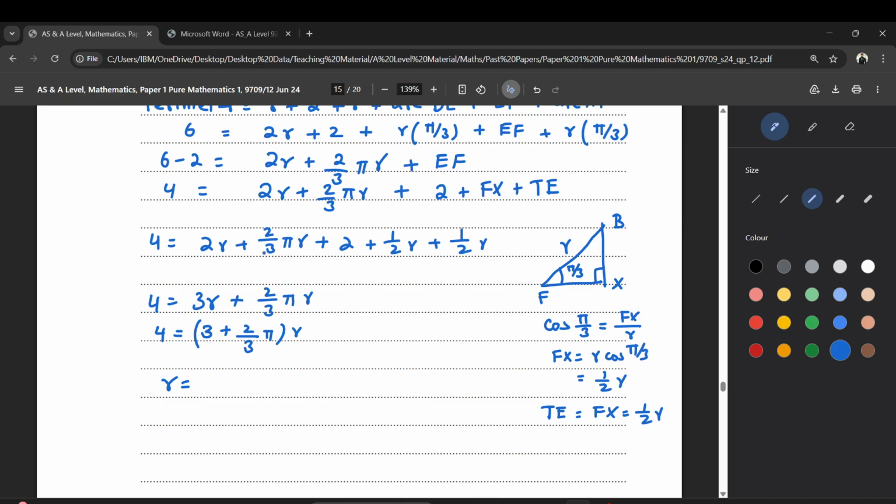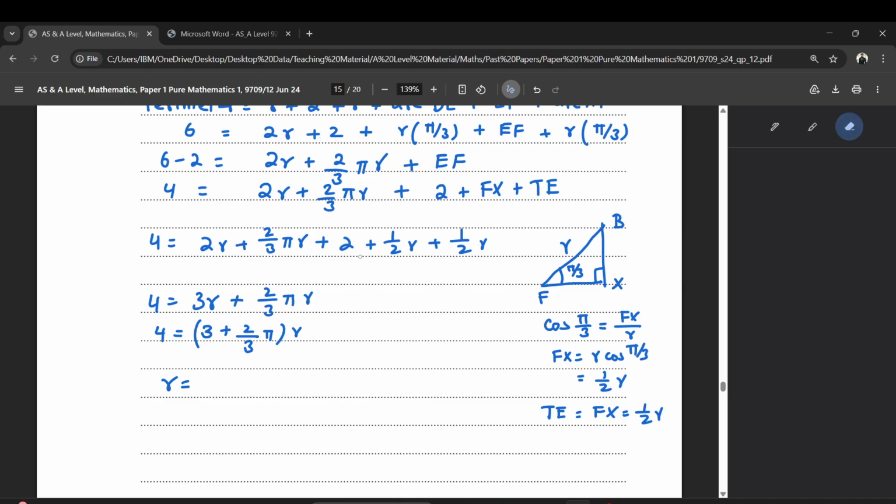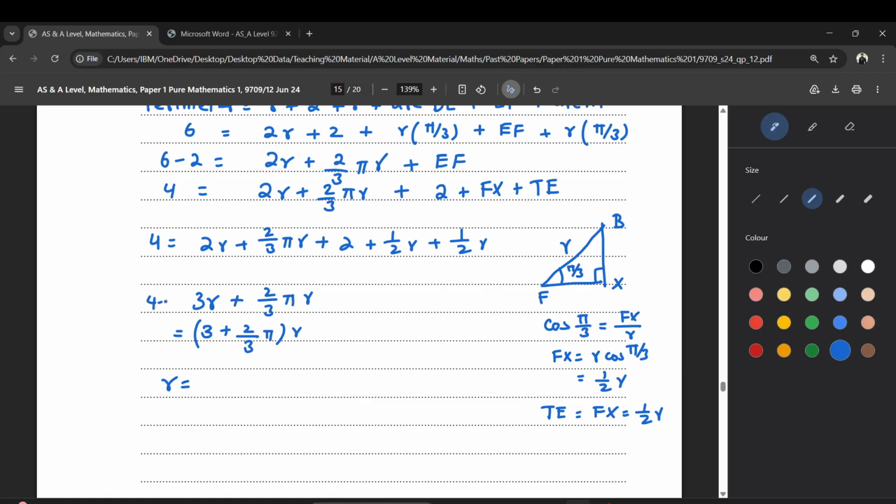So we can also subtract this 2. So let me first write this as 4 minus 2, because this 2 goes to the other side, so you have 4 minus 2, this becomes 2. So therefore R will be 2 upon 3 plus 2 upon 3 pi.